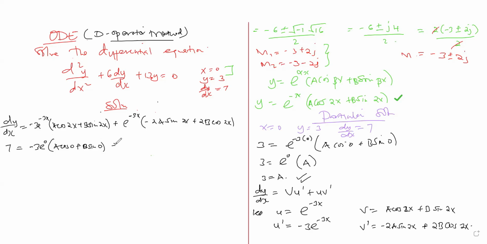Then plus e to the power 0, negative 2a sine 0. Okay, yes, because it is 2 times x, times 0 times 2, which is just 0. Then plus 2b, then you have cosine of 0.